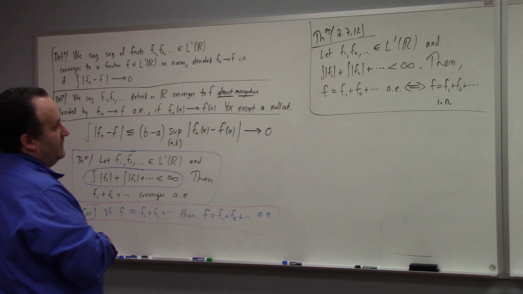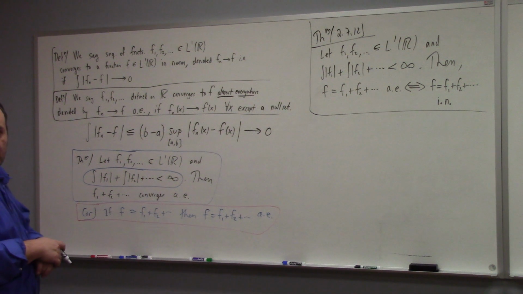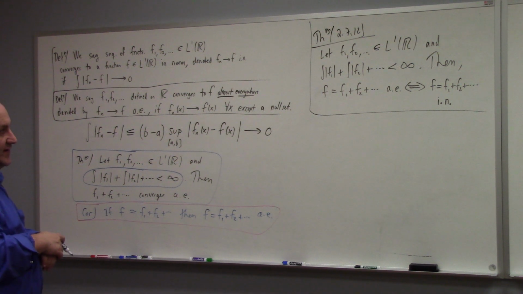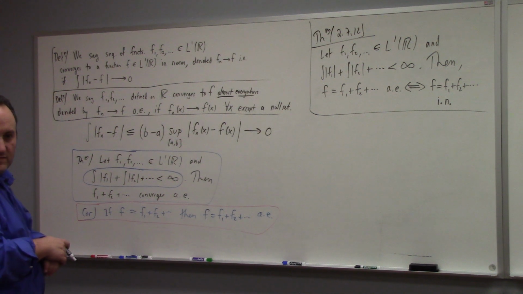Okay, so we finally find some common ground between convergence almost everywhere and convergence in norm at the level of series of Lebesgue integrable functions subject to this condition.